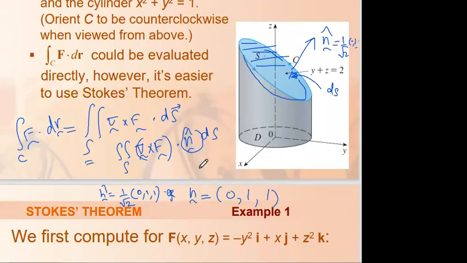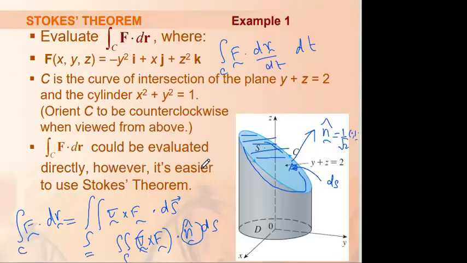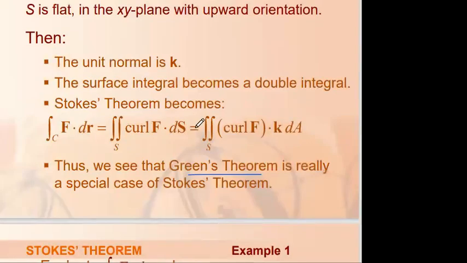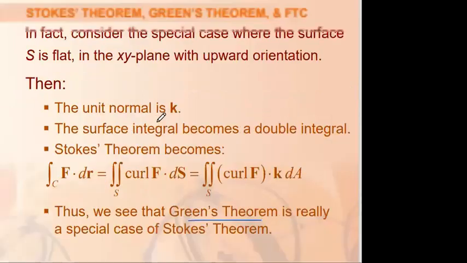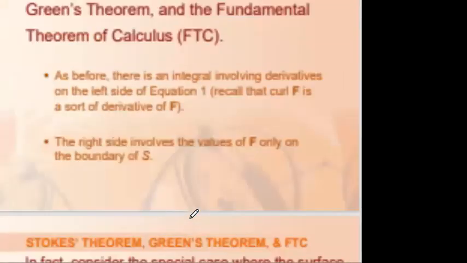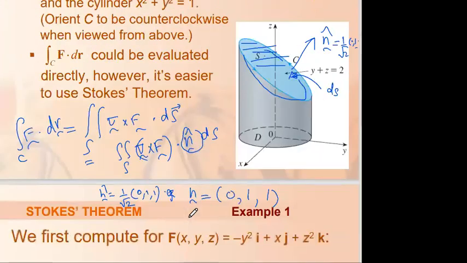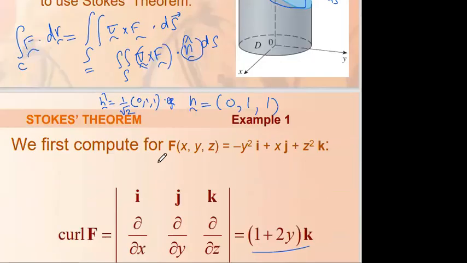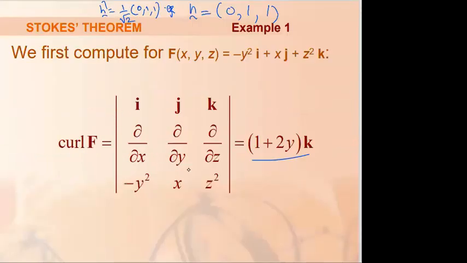This is the two-dimensional version. Let's take the dot product of this: F dot unit normal.